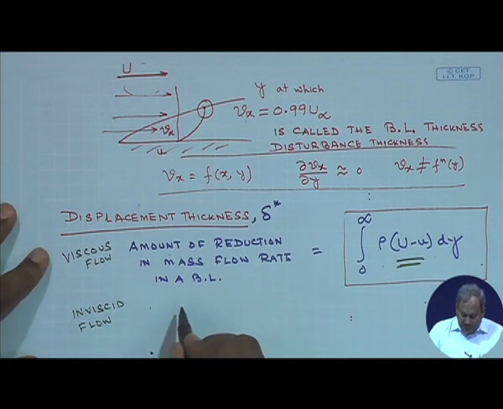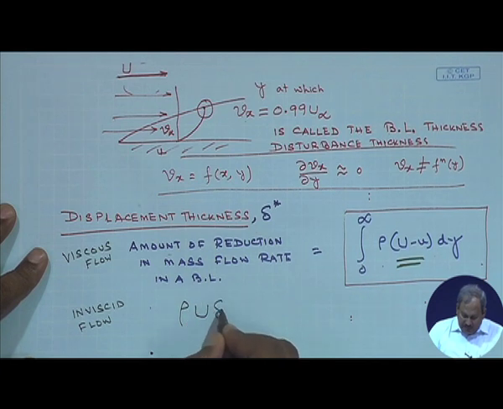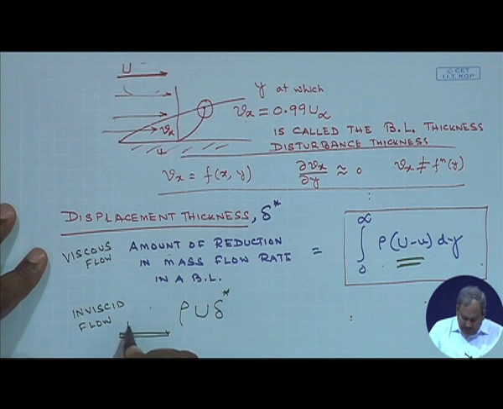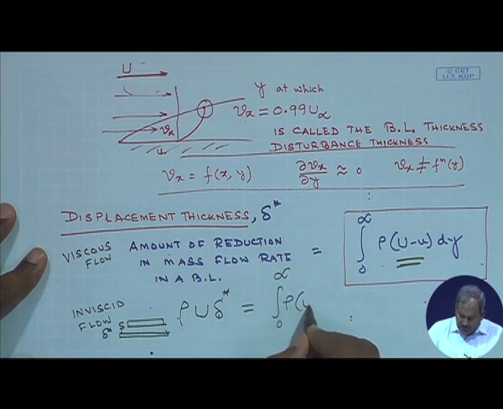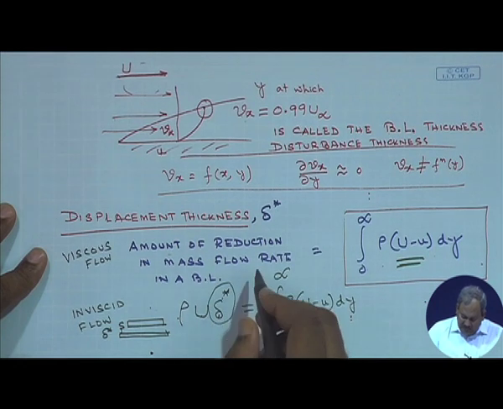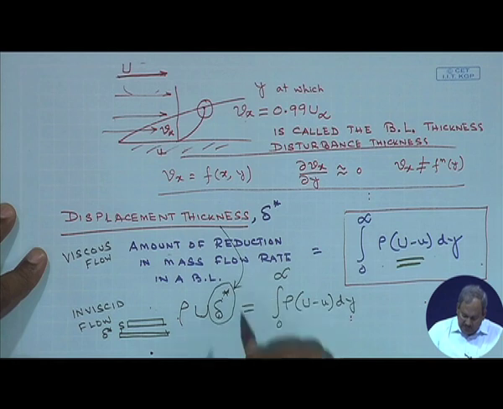Now in an inviscid flow, the reduction in mass flow rate, as we have discussed, is going to be rho times u times delta star when the platform is raised by a distance which is delta star. So this is the reduction in mass flow rate in an inviscid flow when you raise the platform by delta star. When these two are equal, this delta star is known as the displacement thickness.